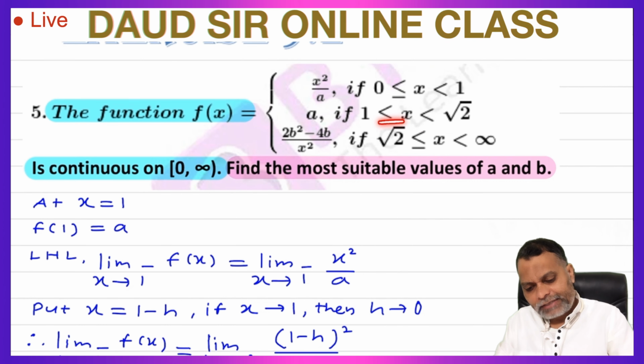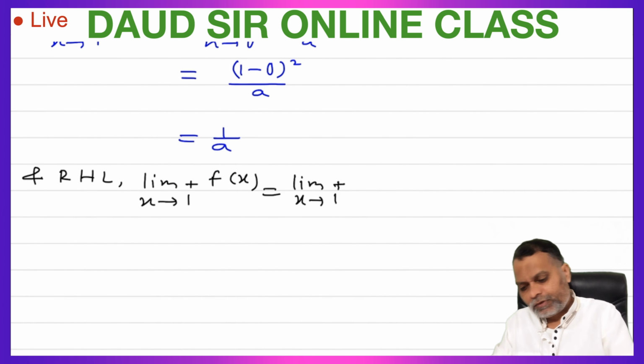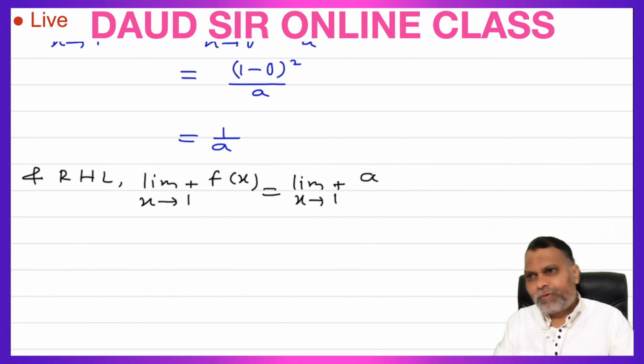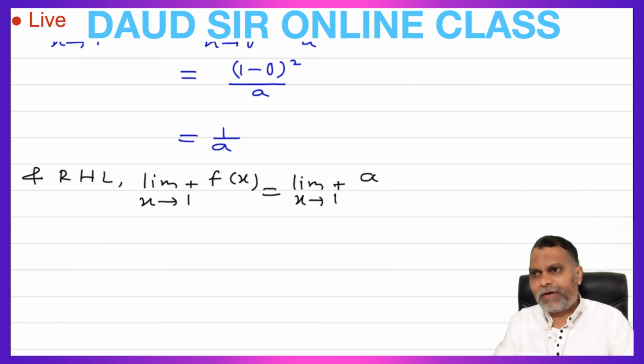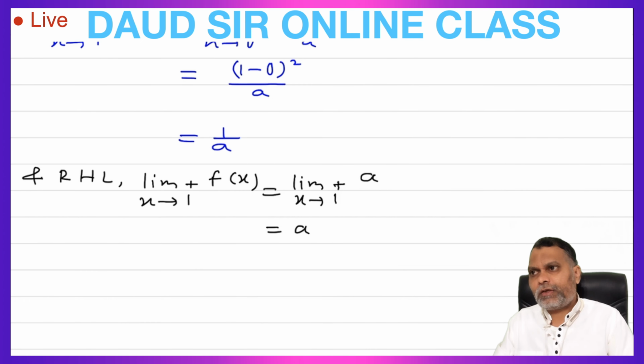So take this value of function f of x is equal to a. For right hand limit, we have to put x is equal to a plus h. Here a is equal to 1, but x is not available here, so no need to put any value of x directly. Limit x tends to 1 plus a is equal to a only.